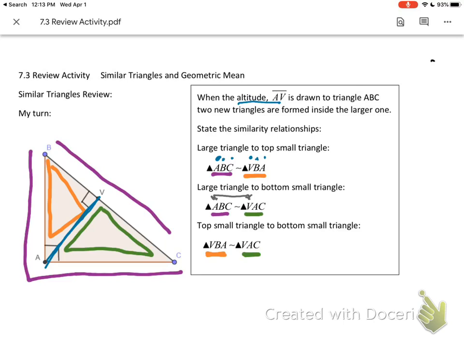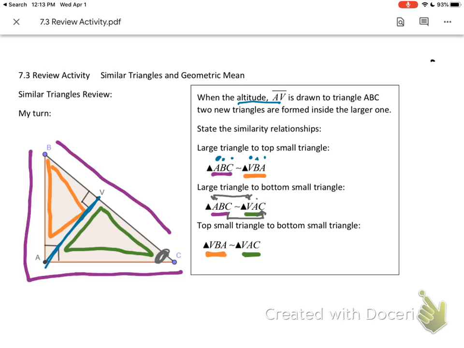Then see how they have the angle C right here in common, so C has to be in the same spot. The other angle that has to come along for the ride is the A angle, and it goes in the middle. So that's our similarity statement: triangle ABC is similar to the small green triangle VAC. So angle A equals angle V, angle B equals angle A, and angle C equals angle C.